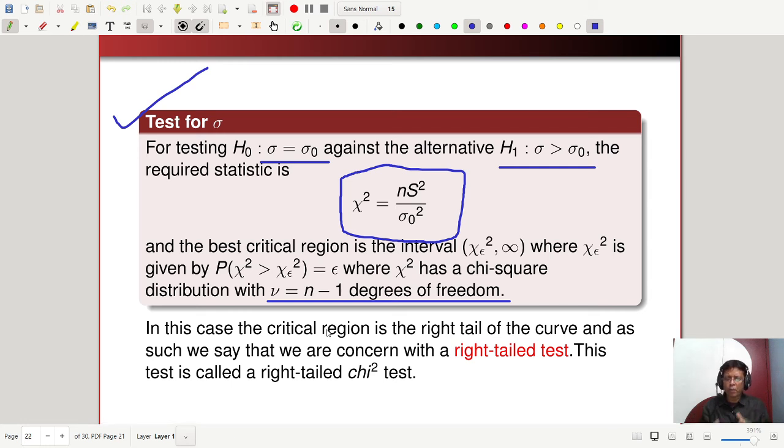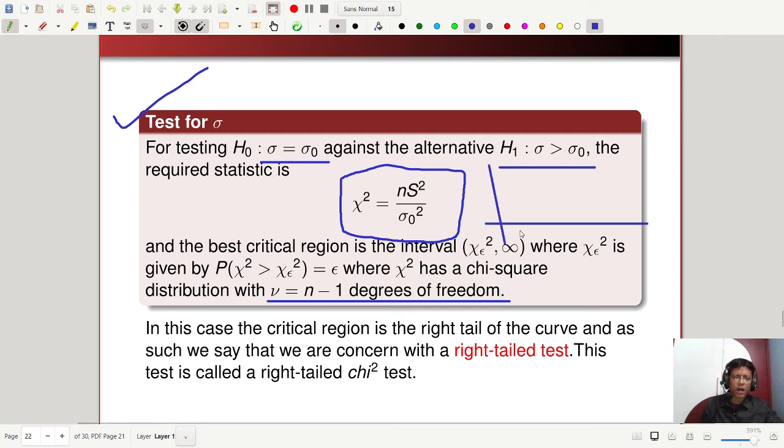And you will get all the values from the table. You have a standard normal distribution table. You have a chi-square distribution table. Already I have talked about these things in different distributions in separate lectures. So let's draw the chi-square distribution density curve. So this is your chi-square distribution curve. This is not symmetric. So this is your chi-square epsilon, suppose.